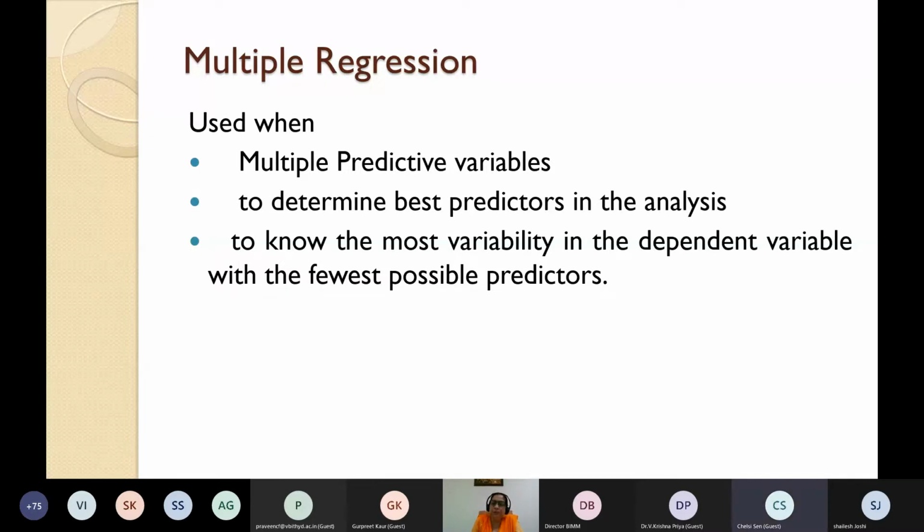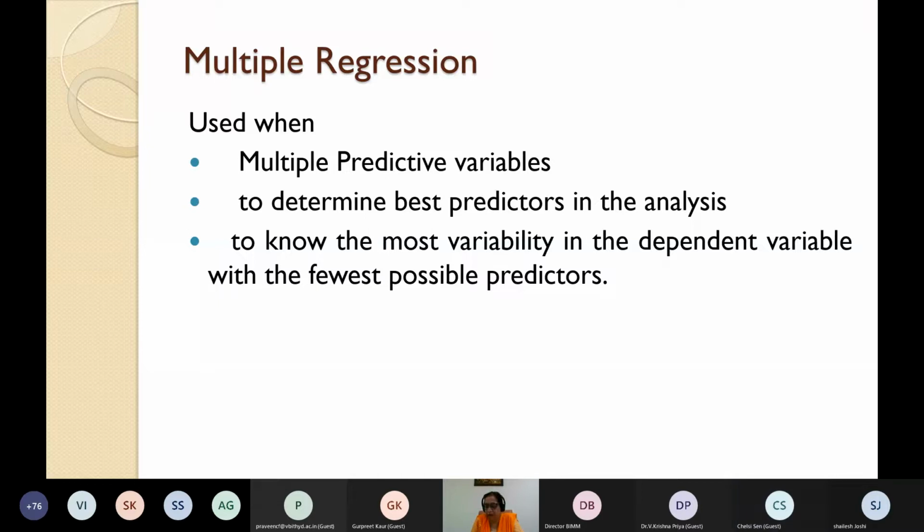Alternatively, the researcher may simply be interested in explaining the most variability in the dependent variable, and you try to reduce the predictors to the fewest possible, and the main reason might be cost.